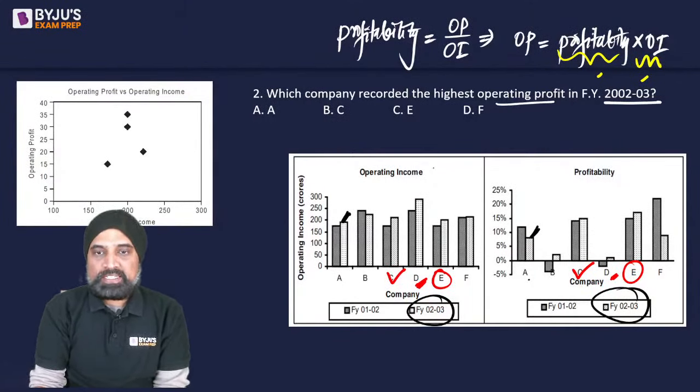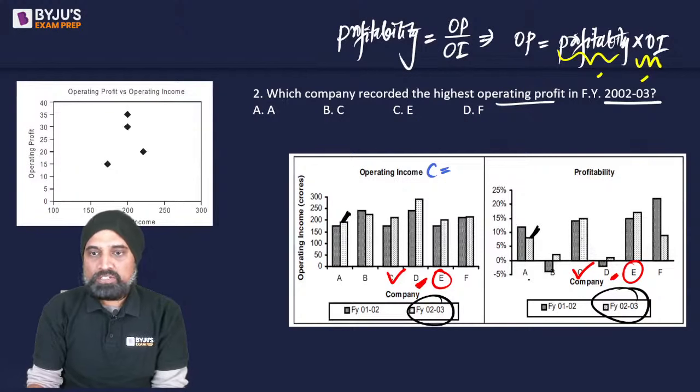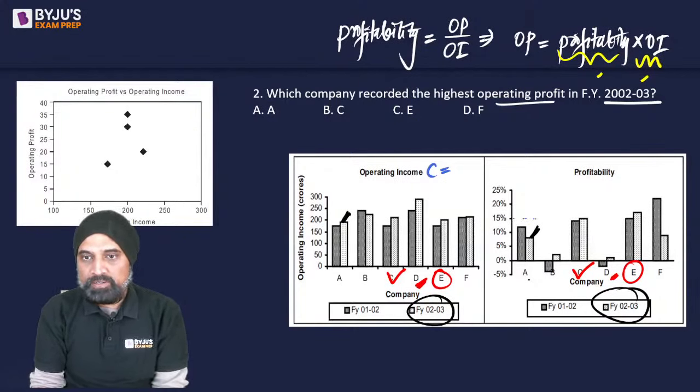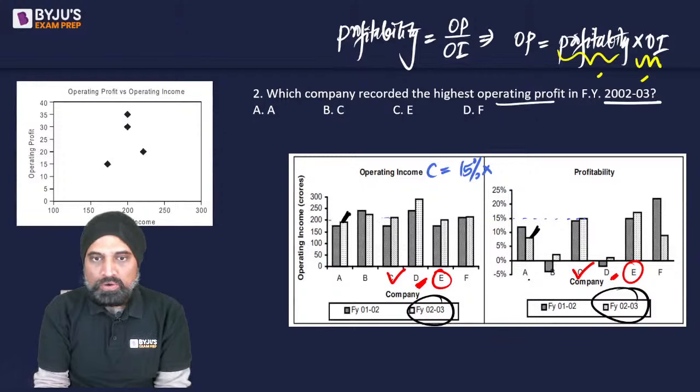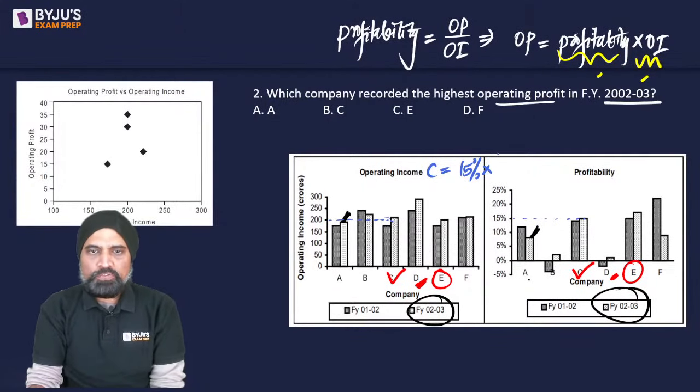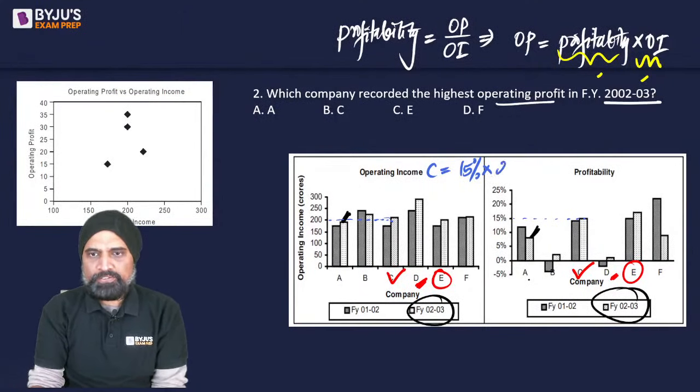So if I look at C, it has a profitability of 15% into the operating income, which is a little over 200 crores. Can we take it as 225 or 220? 225 is not there, so we'll take this as 220.